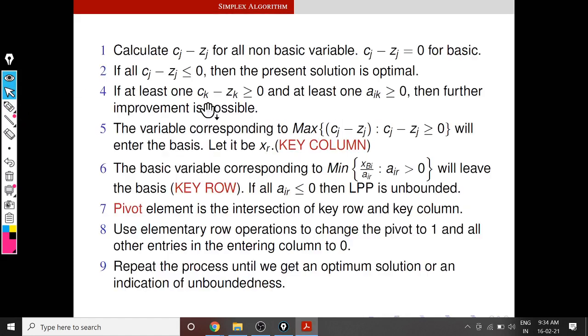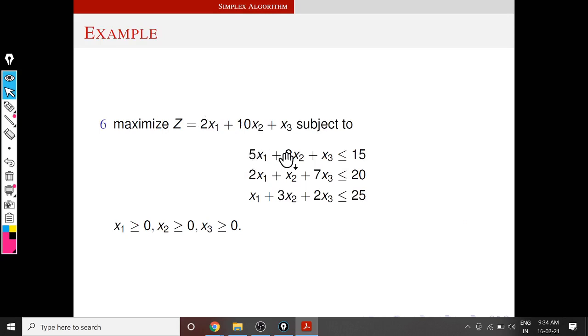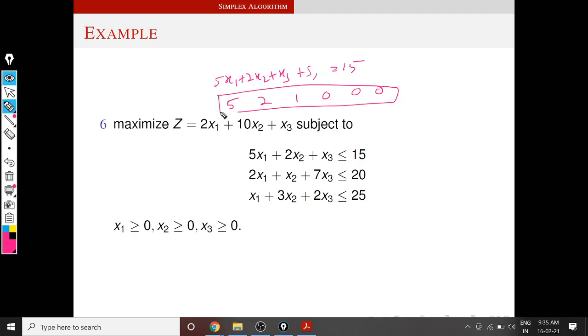The first constraint is 5x1 plus 2x2 plus x3 plus s1 equal to 15. So the coefficients are 5, 2, 1, 1, 0, 0. The coefficients of s2 and s3 are 0. So this is the row corresponding to the first constraint.